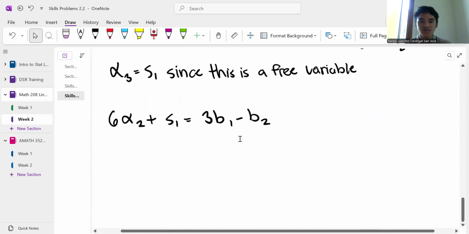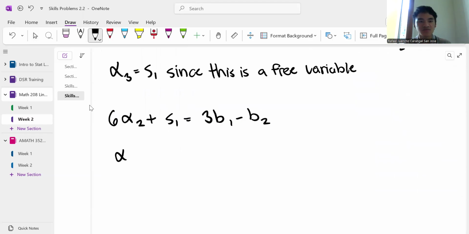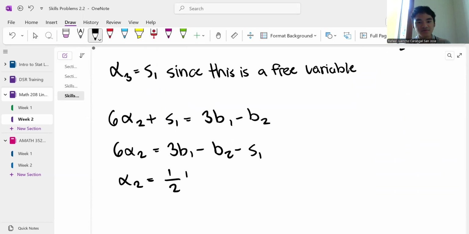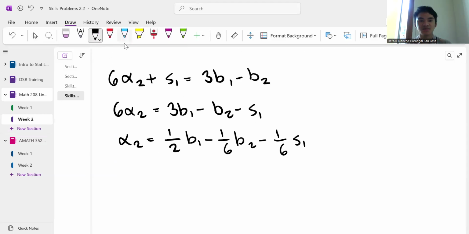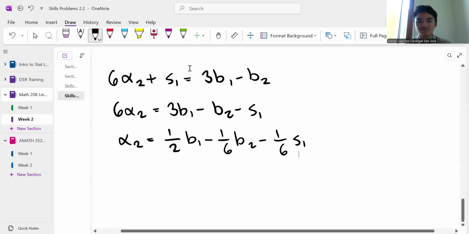Right? Now we basically isolate this, we get alpha sub 2. Let's do it step by step. Now we have 1/2 b1 minus 1/6 of b sub 2, then 1/6 of S sub 1. And that's one of these solutions.